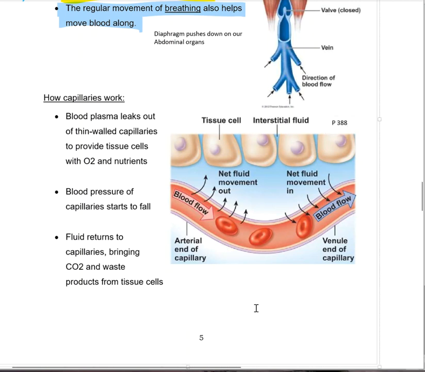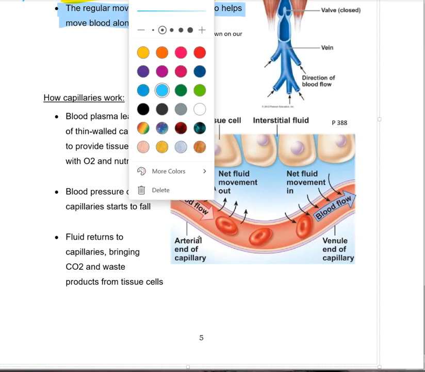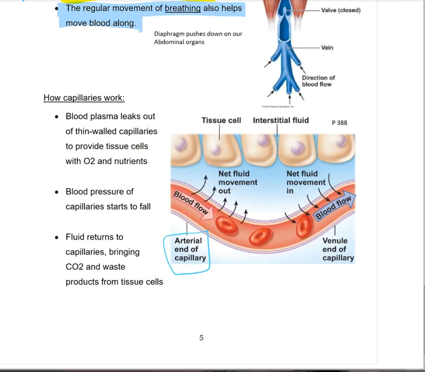And really what I want you to think about here is that blood plasma leaks out of thin-walled capillaries, especially on the arterial end of the capillary. Okay, so on the arterial end of the capillary, we have fluid that leaves, all right? Fluid goes out there. And the things that go out then are things like oxygen, nutrients, and then, of course, water.